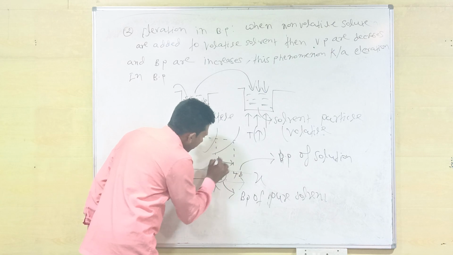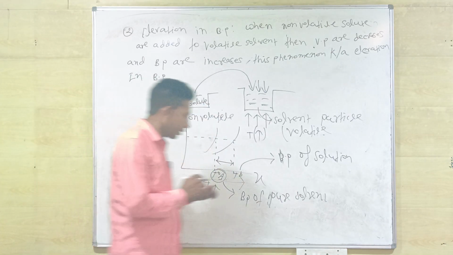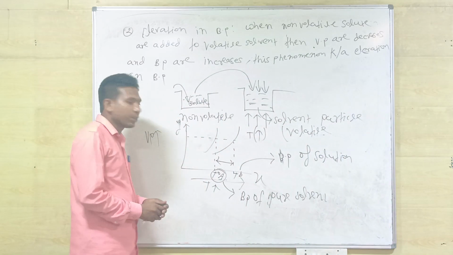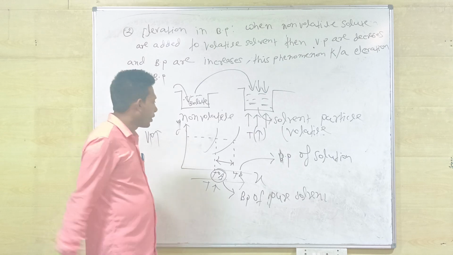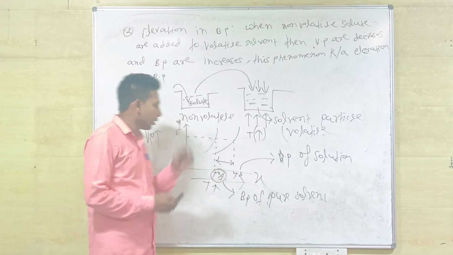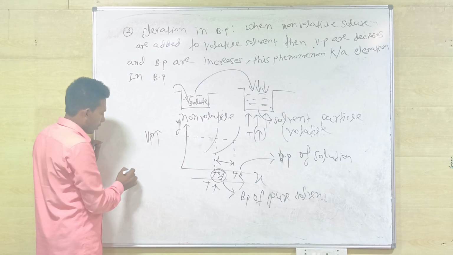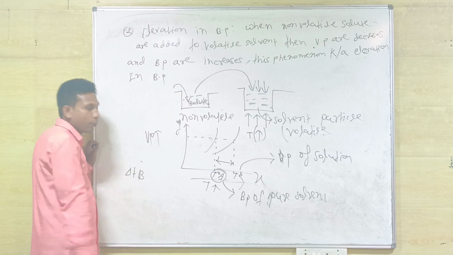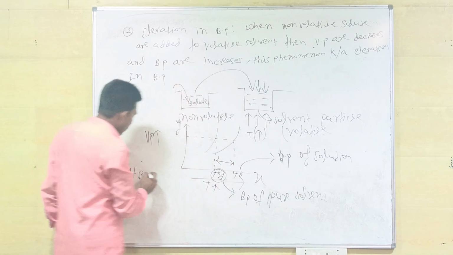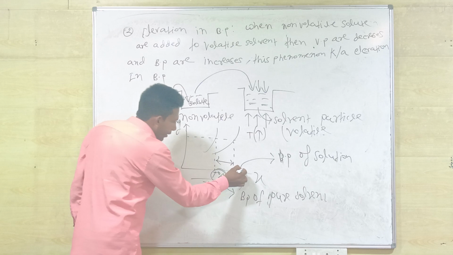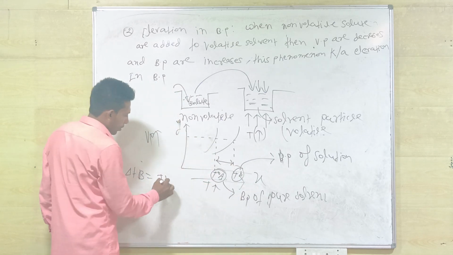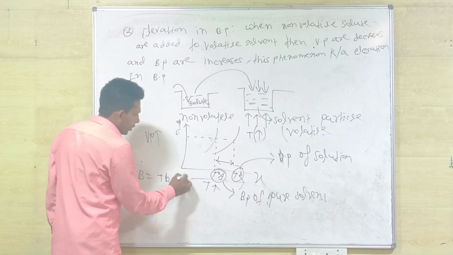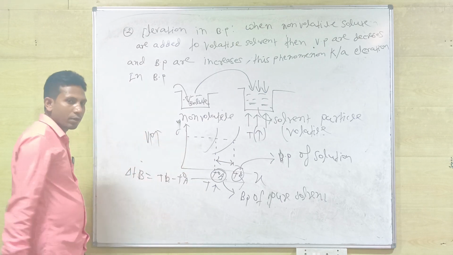There is some difference in temperature, and that difference is known as elevation in boiling point. So del TB is the elevation in boiling point, equal to the final temperature TB minus the initial temperature T naught B. Got it?